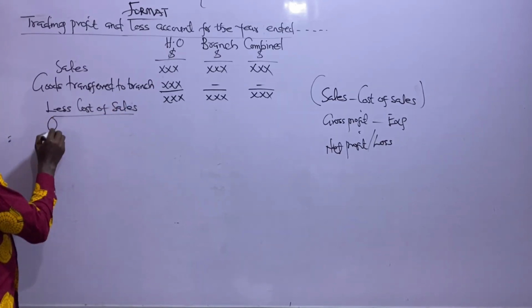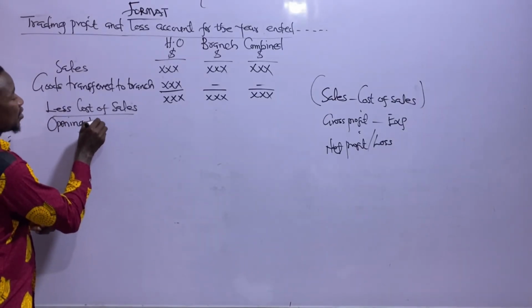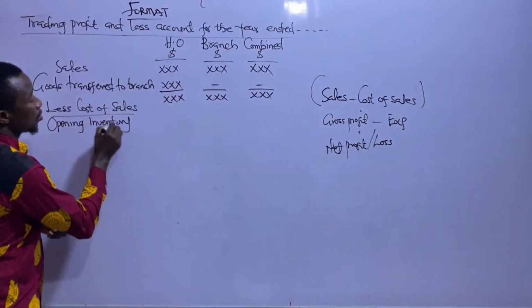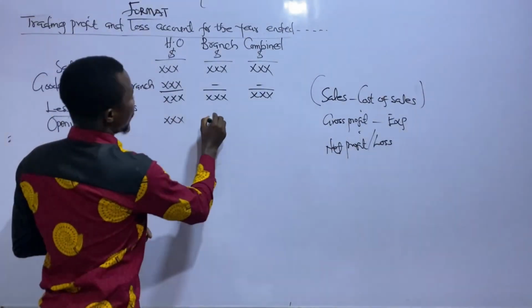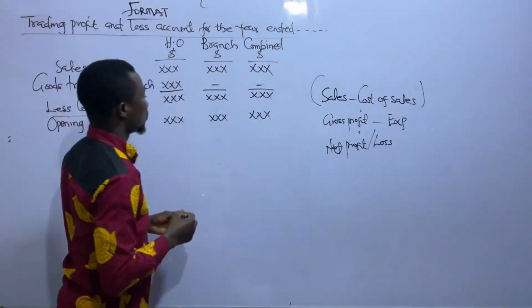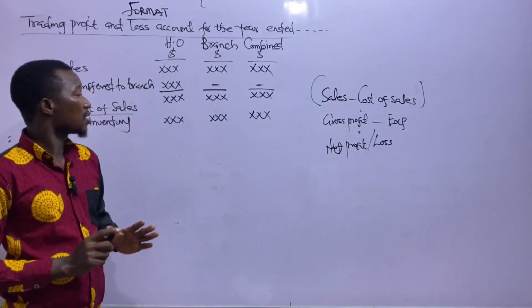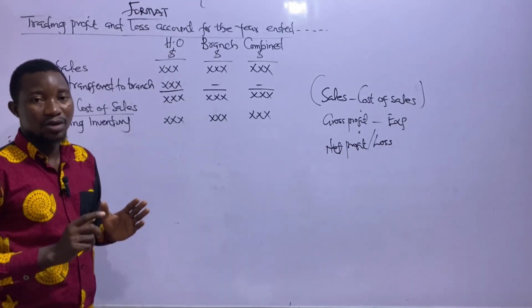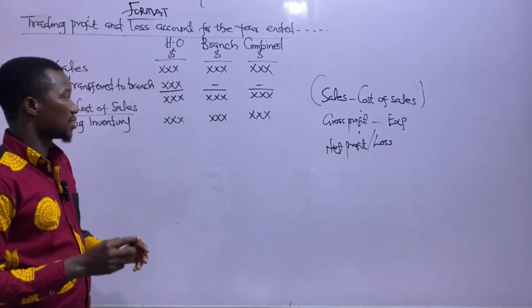So we begin with what? Opening inventory. We will capture that over here, then capture the total as well. But one thing I want you to take note of is that inventories are measured at lower of cost, not selling price.